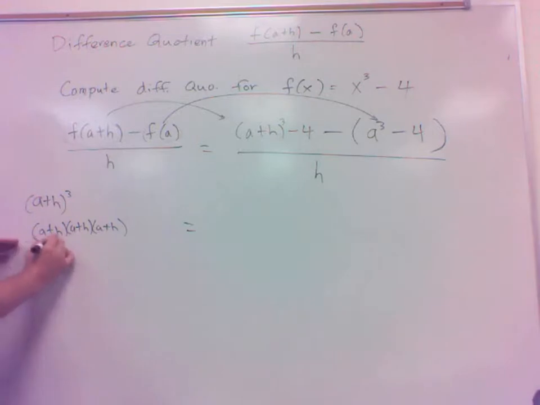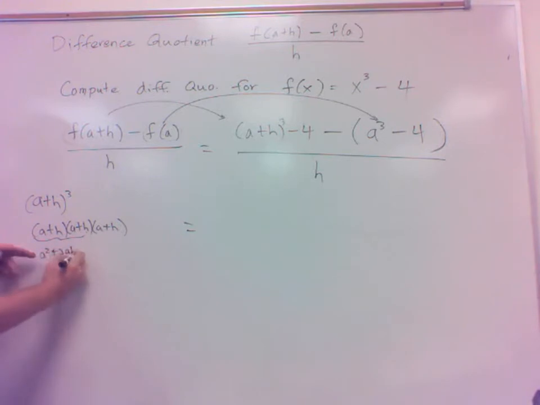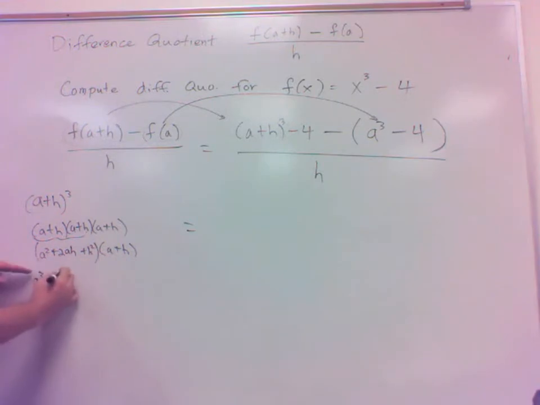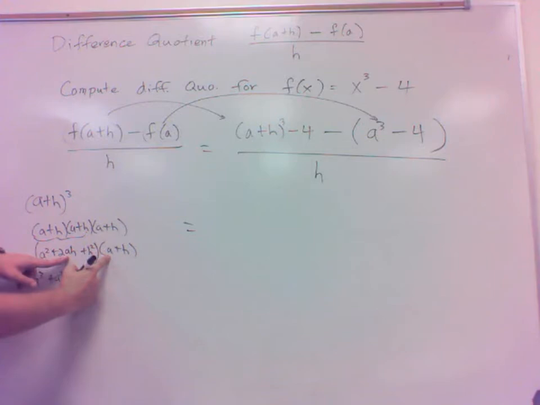If we multiply two by two, a times a is a squared. We've got an ha and another ha, so I've got 2ah. And then I've got an h squared when I multiply those two. Then if I multiply a third a plus h in, a squared times a is a cubed, a squared times h is a squared h. Then 2ah times a is 2a squared h.